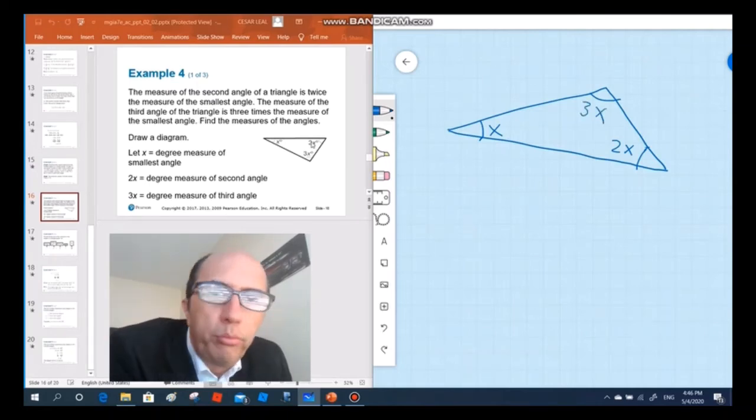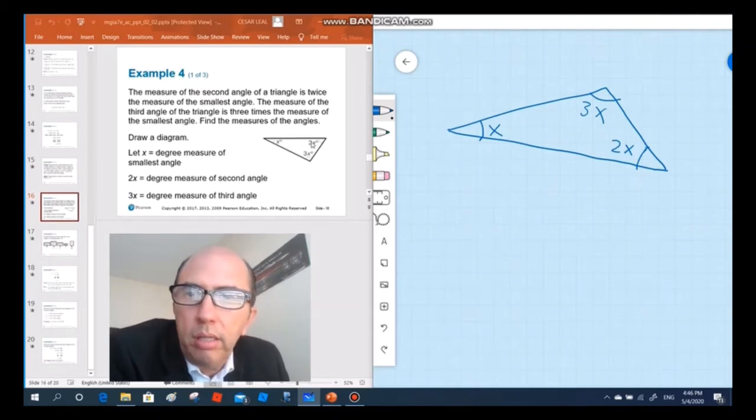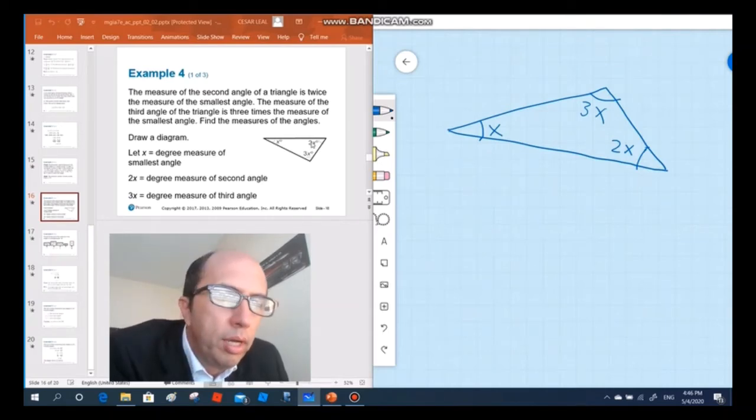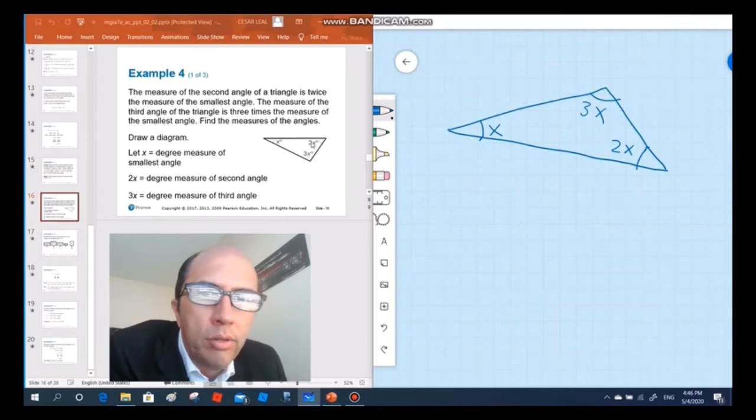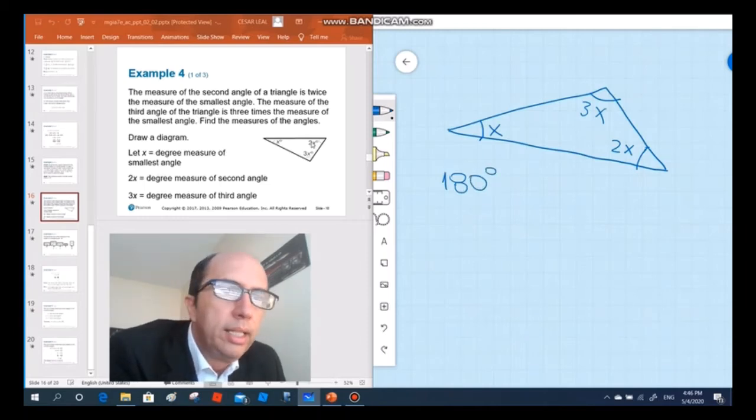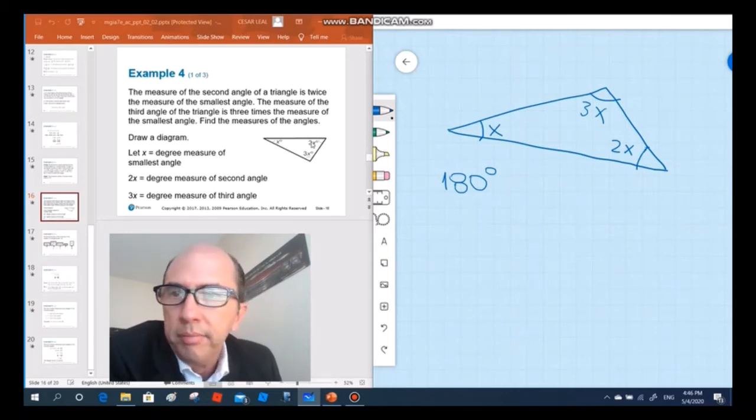And what do we know about triangles? We need to go back to our memory and remember that if you add all the 3 angles inside the triangle, you're gonna find a total of 180 degrees, right? This is the result if you add all the 3 angles of a triangle.